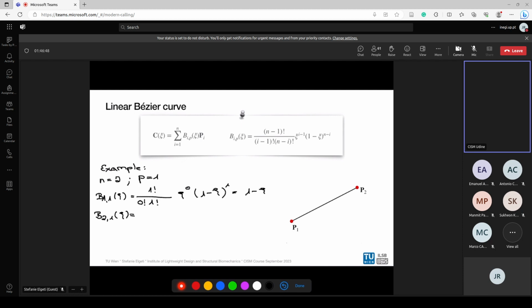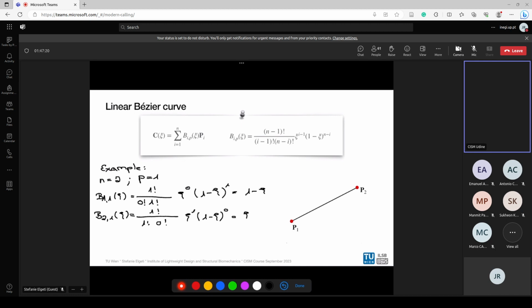Second basis function, now here I is equal to 2, and also n is equal to 2. So here we have n minus 1 again, so 1 factorial divided by 1 factorial times 0 factorial times psi to the power of I minus 1. I is 2 now, so psi to the power of 1 times 1 minus psi to the power of 0.